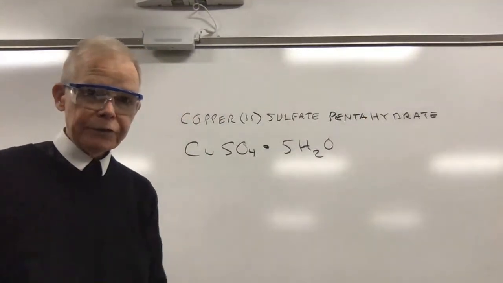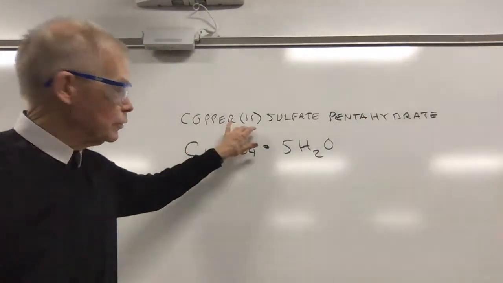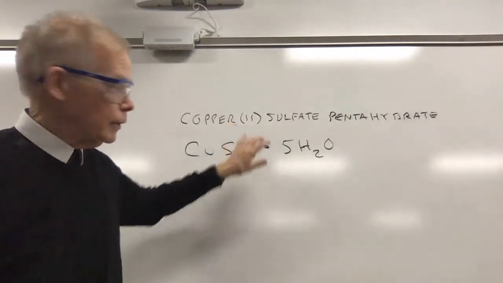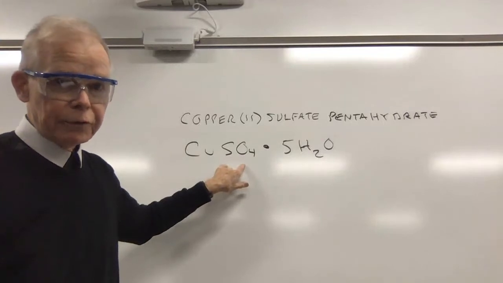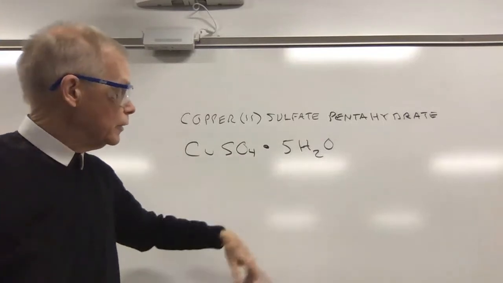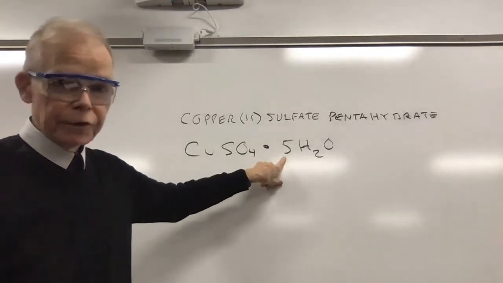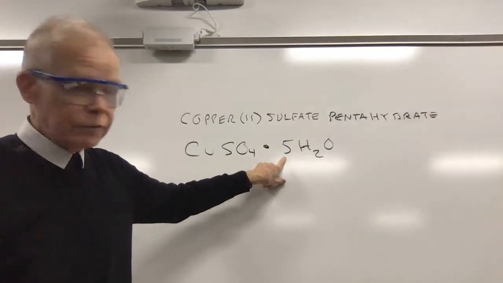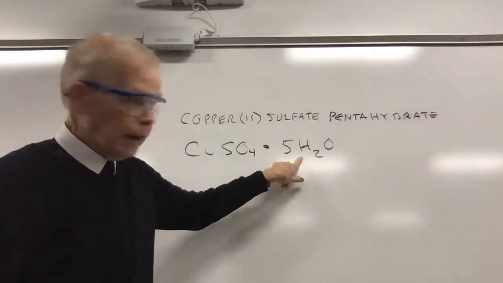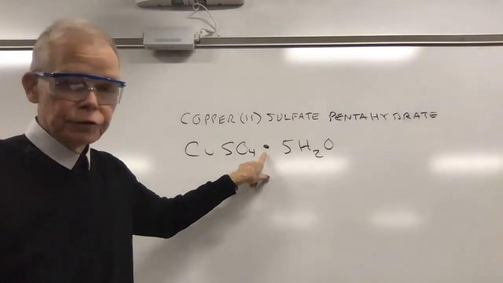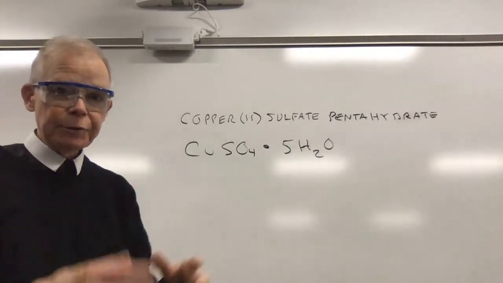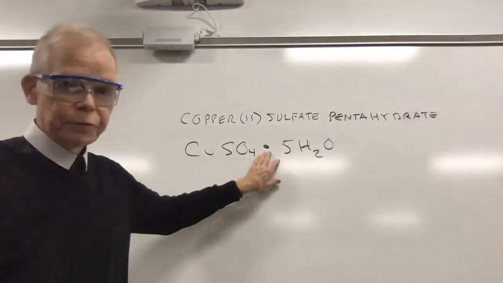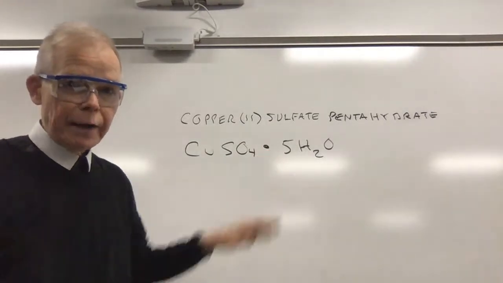Now when I put all that together, the copper 2 tells me what the charge on the copper is, and I look at a periodic table's chart of ions and I can figure out what the sulfate is. The penta refers to the fact that there are 5 molecules of water, hydrate, that are attached to the compound. Now, to designate the attachment process, the chemist doesn't use a plus sign, he just uses a raised dot.